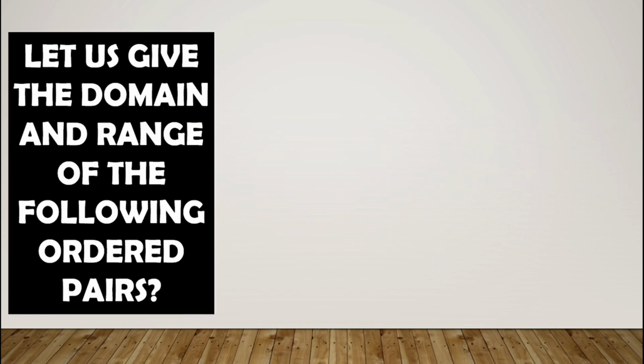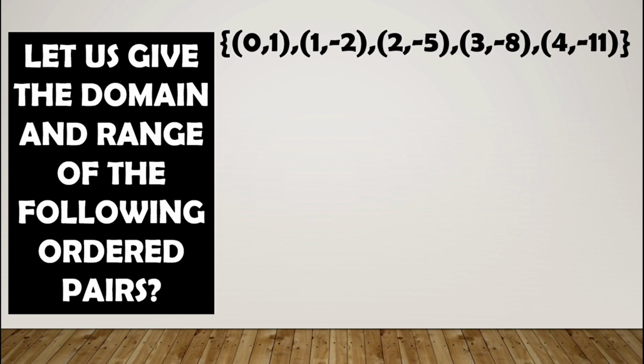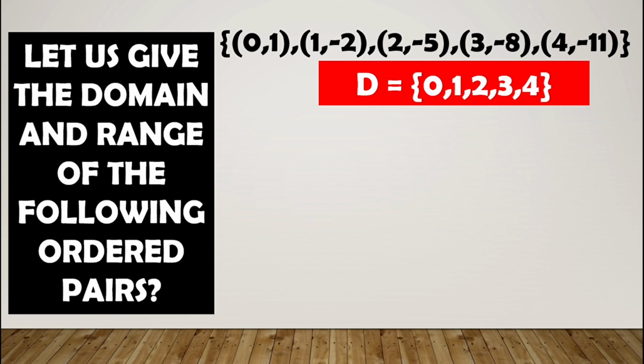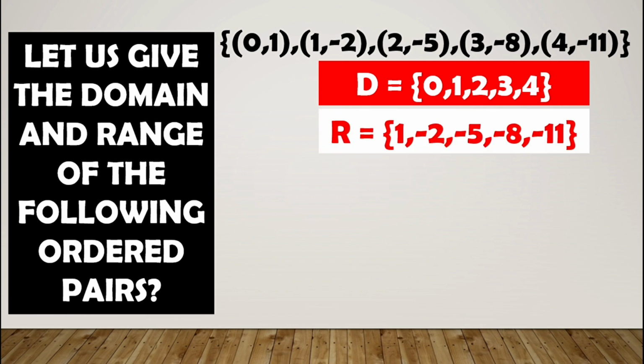So let's try to give the domain and range of the following ordered pairs. The ordered pairs are (0, 1), (1, -2), (2, -5), (3, -8), (4, -11). The domain consists of 0, 1, 2, 3, 4, while the range consists of 1, -2, -5, -8, -11.